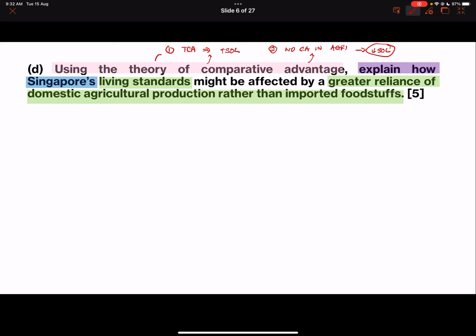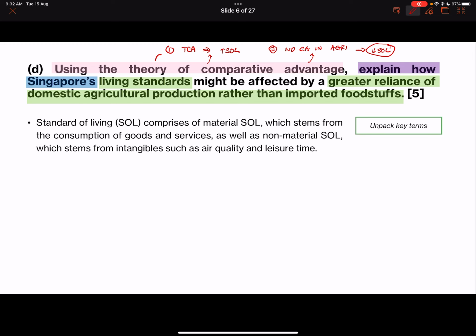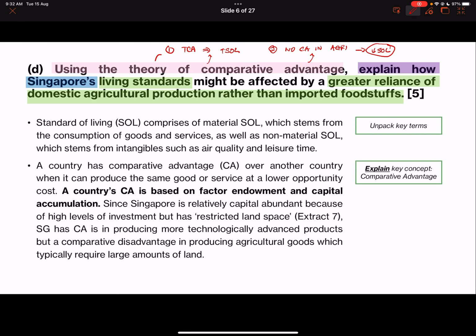Okay, here's the answer. So, standard of living, material, non-material. Then we start to explain what the theory of CA says. The theory of CA says that comparative advantage is based on low opportunity cost. And low opportunity cost is determined by your factor endowment.